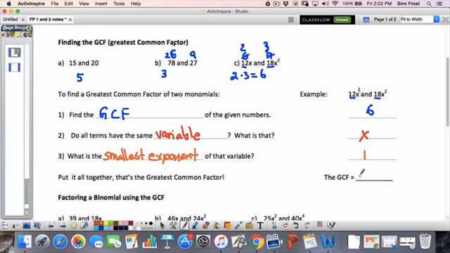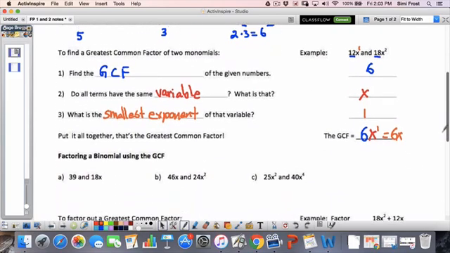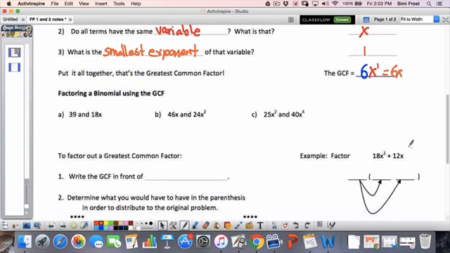I have 6x to the power of 1, and I can just simplify that whole thing into the term 6x, because we don't need the 1 right there. So this is just going to become 6x. This is leading into being able to factor this binomial in just a moment. But let's practice this with these problems here.